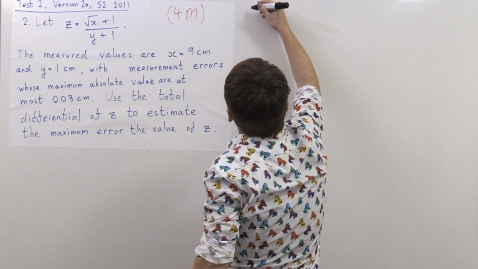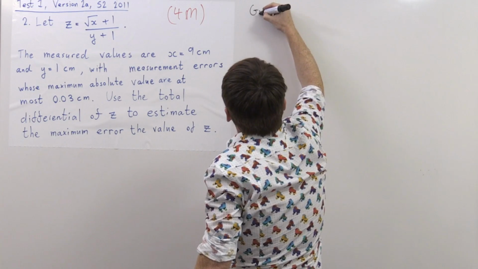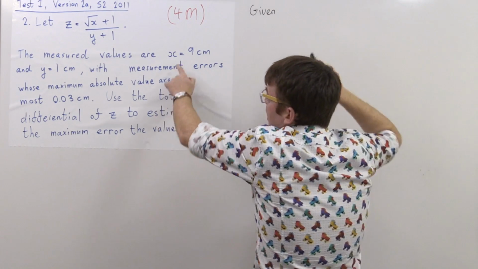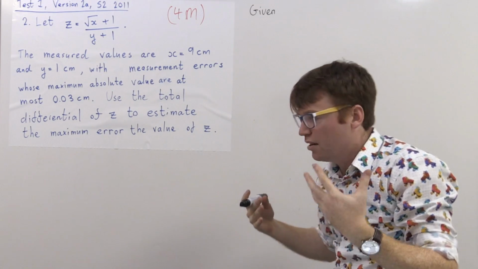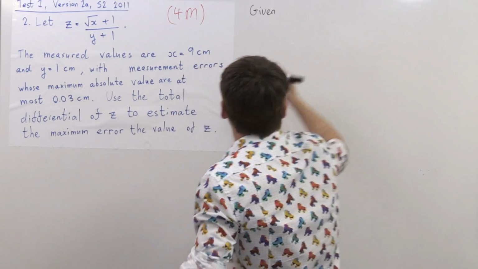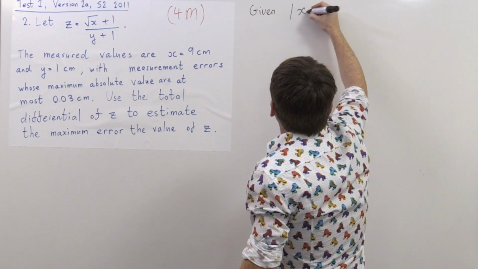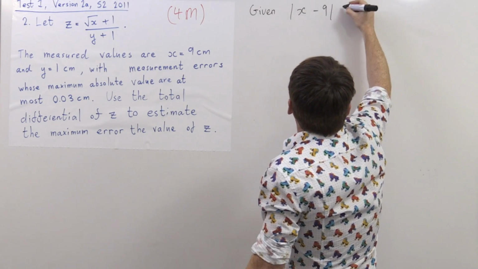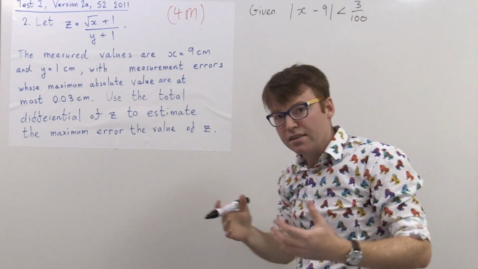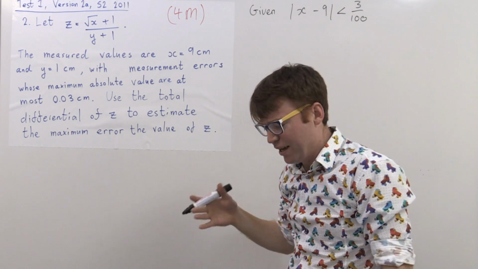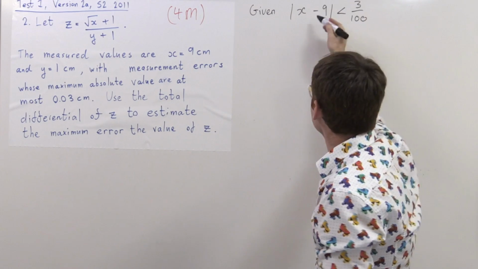So I'll say, given that the error, we know x is not exactly 9, but we only know it up to this error. So the difference between x and the value 9 is at most 3/100. We don't know x exactly, but it's this close to 9.